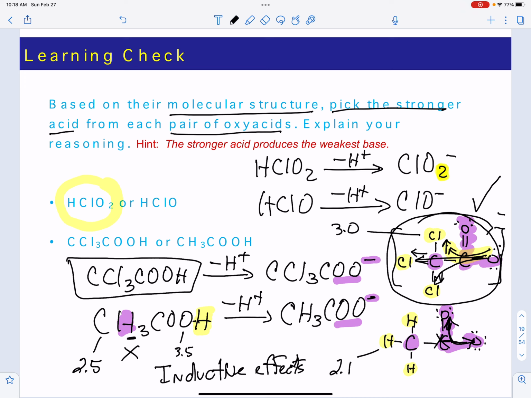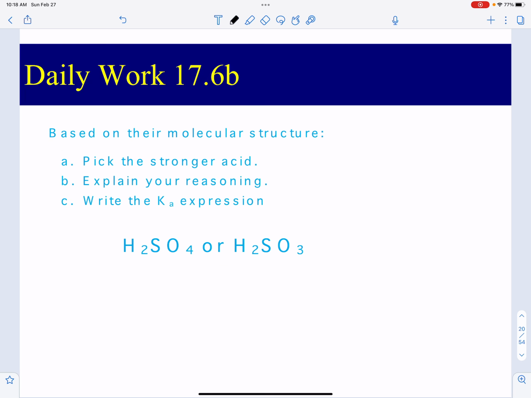So the more stable you can visualize the molecule, the weaker the base is going to be, the stronger the conjugate acid is going to be. So with that in mind, go ahead and do that problem. Explain your reasoning. Always think about the analogy with the 6-year-old that you have to explain this to, and then bring it up to the college level.